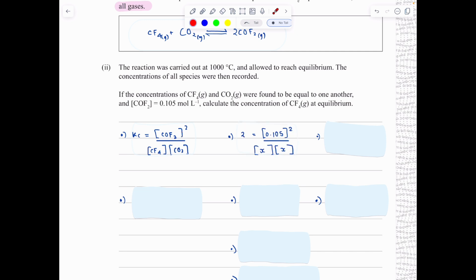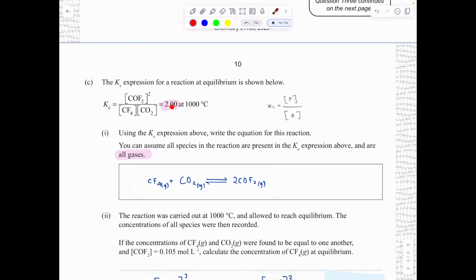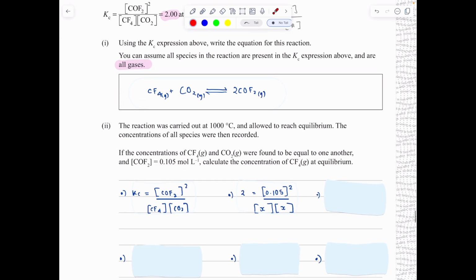According to the information that's been given, up top it shows that Kc is 2, so I substituted that in here. Then the COF2 is shown to be 0.105 moles per litre, so I've substituted that in here. Do not forget the little subscript.